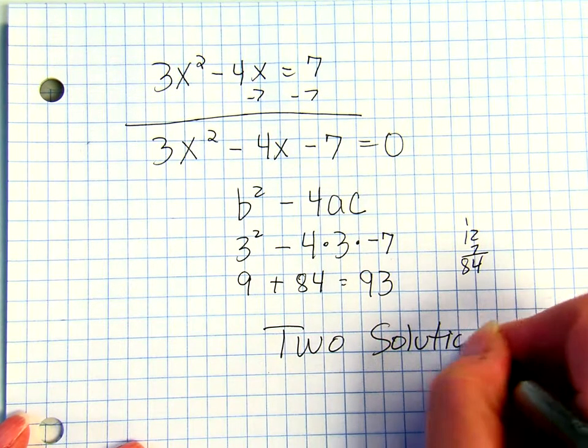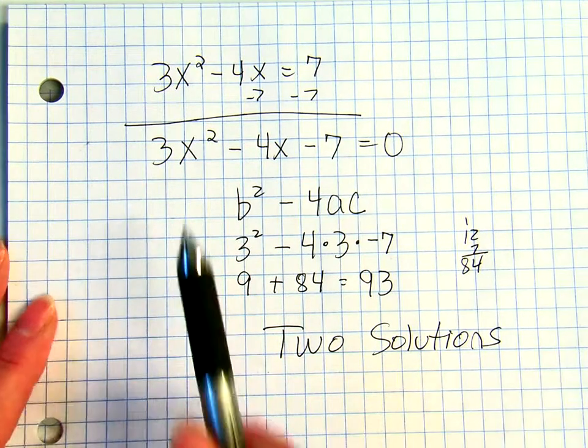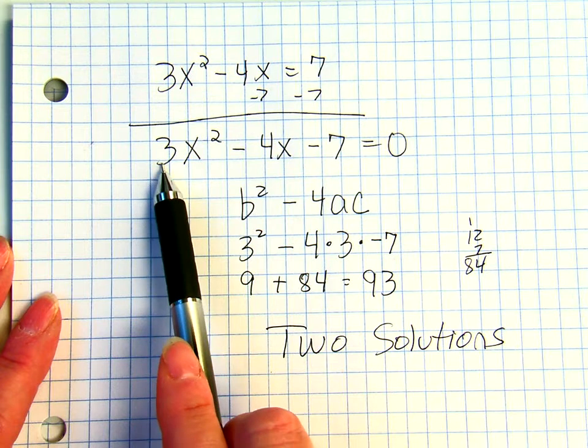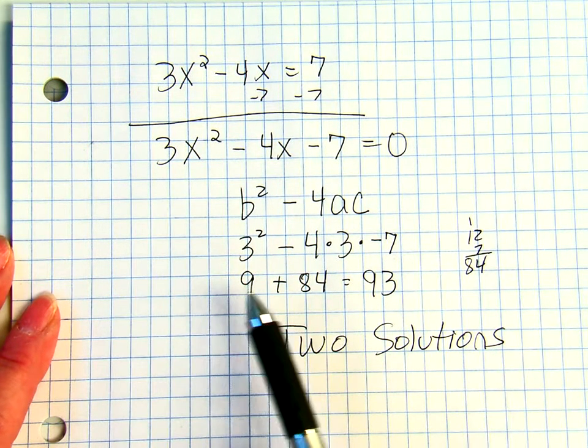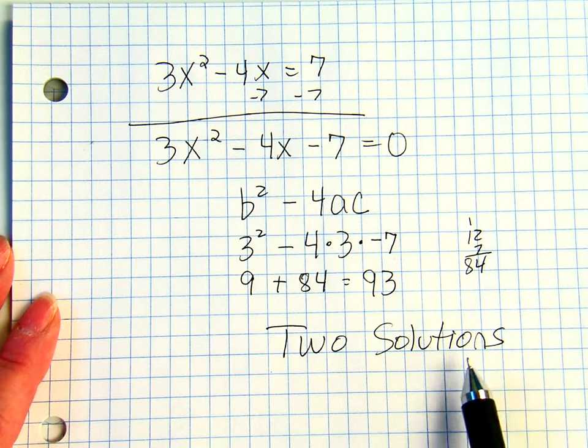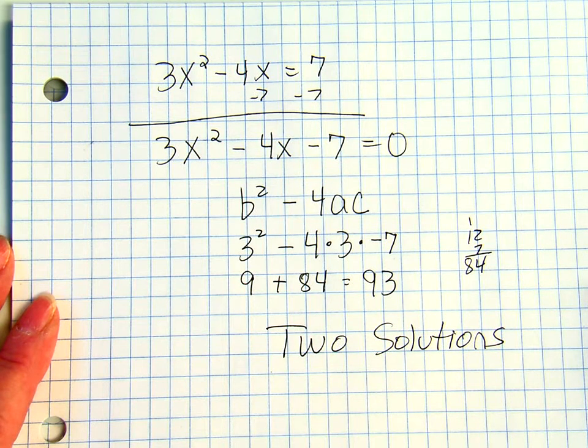And I can say with certainty, because my 3 is positive, that means that my parabola opens upward. I have a vertex that's a minimum. I have 2 solutions, which means that my parabola will cross the x-axis in 2 spots.